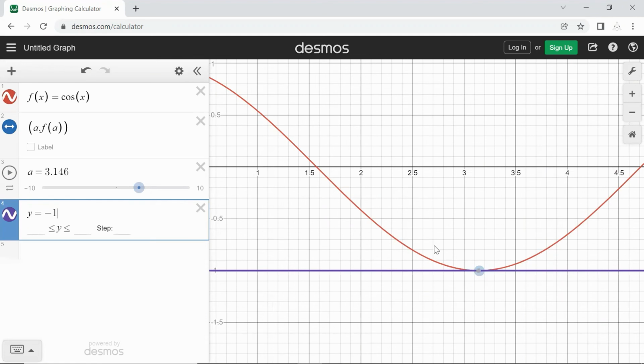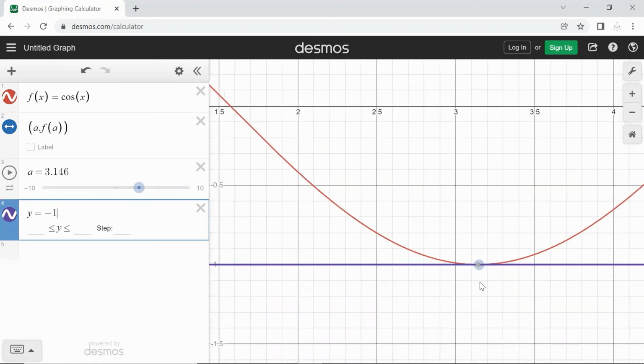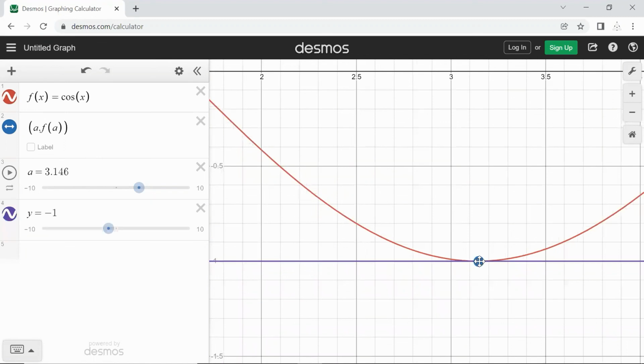When you're really, really close to pi, this horizontal tangent line does a pretty good job of approximation. As you get further and further away, the horizontal tangent line becomes a worse and worse approximation. At 3, it wasn't spot on, but it was pretty close, as you can see at 3 here. And obviously, the closer to pi we get, the better approximation it's going to be. So that's how this is working.